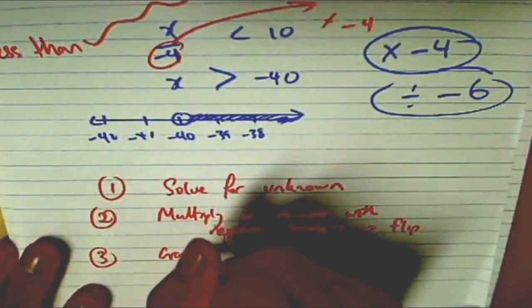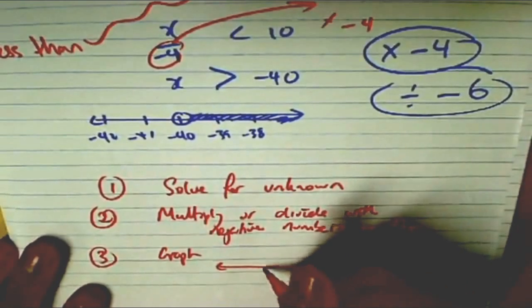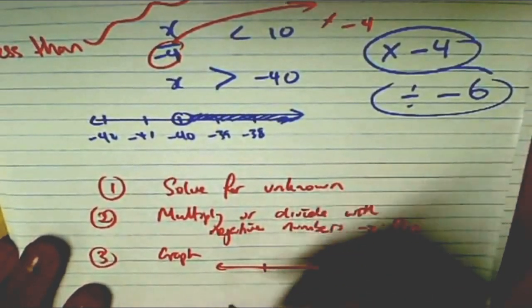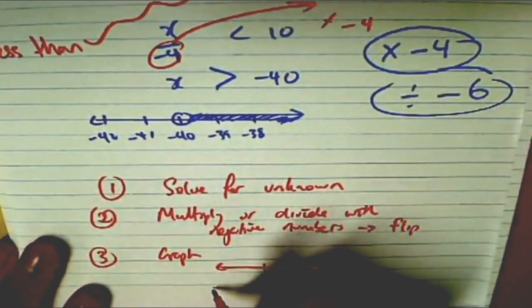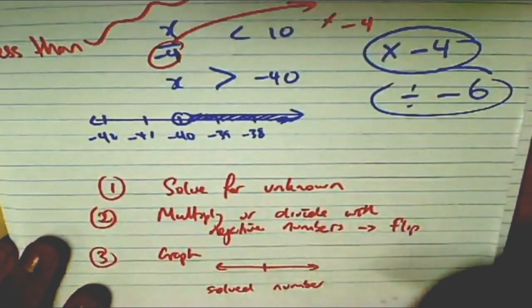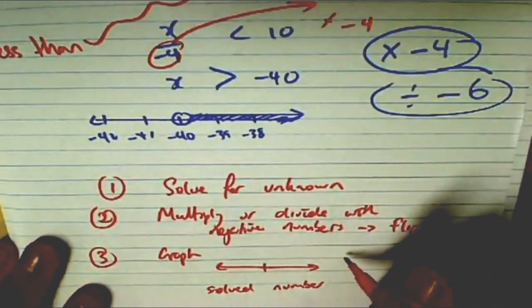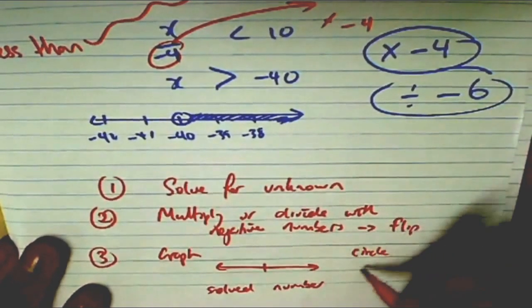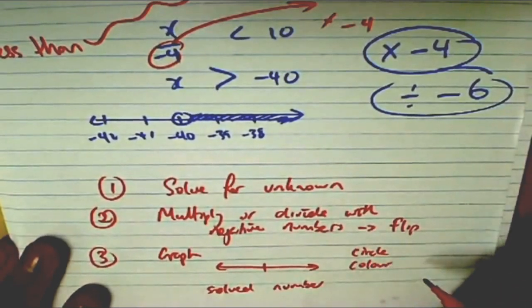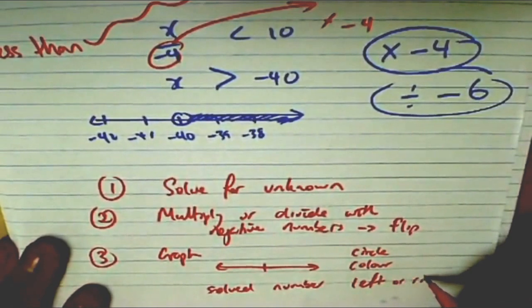Then you've got to graph it. Make sure you draw a number line. Mark the center with your special number. Then you've got to circle, color in if needed, and then go left or right.